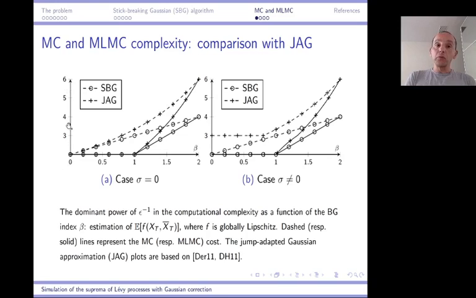It starts at 2 because it's always at least 2. And we're comparing here our results with the results of Dereich and Heidenreich. You can see they did the case when f is a Lipschitz function, and it always goes up to 6. In our case, this computational complexity stays bounded by 4.